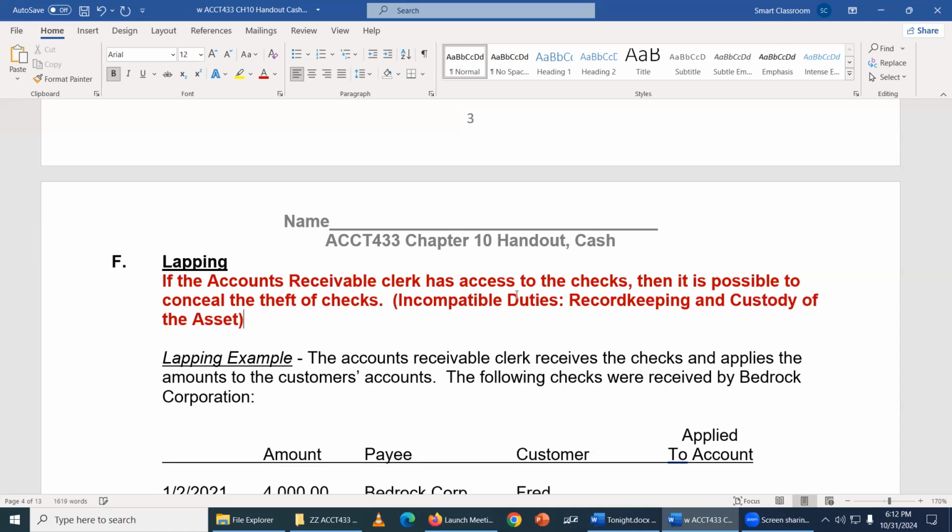So the checks are the asset. So this is when they have incompatible duties. What bad could happen?